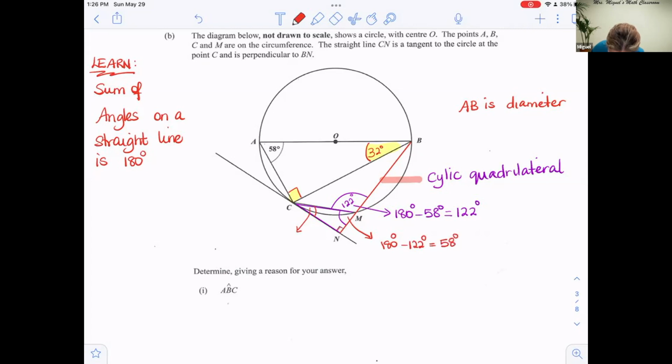So we have 90, we have 58, work out the angle at C. Who has the value for C?